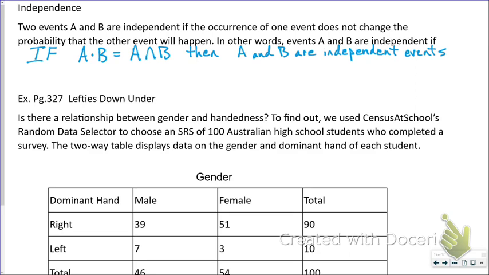The textbook way, another way, is if P(A) equals P(A given B), then independent. That's another way to check for independence. All right? I typically do it the first way I wrote, though.